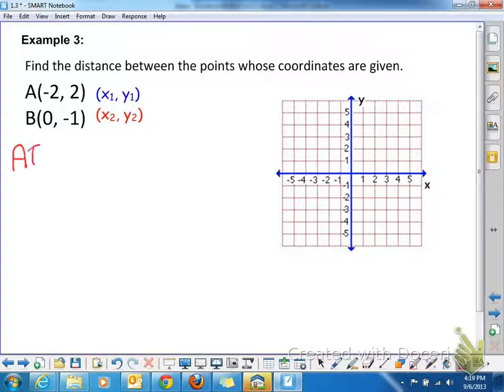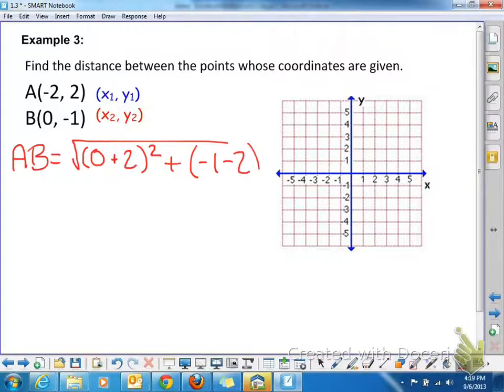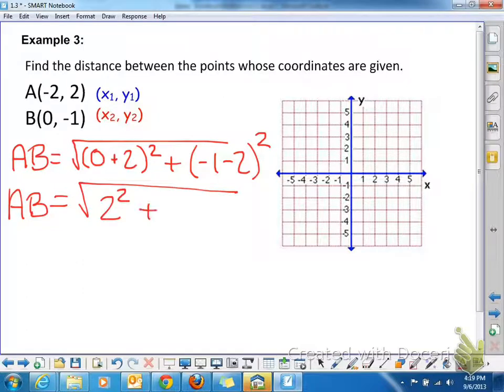So the distance between A and B is the square root of the second x, which is 0, minus the first x, which is -2. Minus negative, I'm going to add, squared, plus the second y, which is -1, minus the first y, which is 2, squared. So the distance between A and B is the square root of 2 squared plus -3 squared.